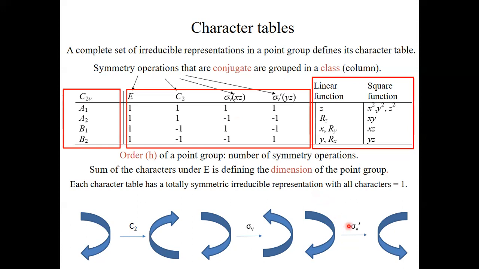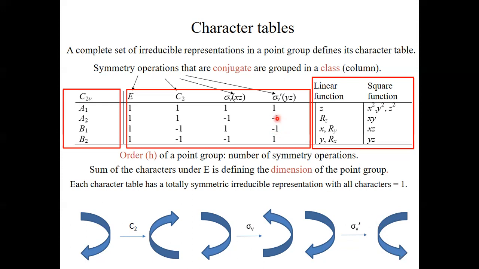The same is true for the sigma v prime symmetry operation. In this case, we are mirroring at a plane that stands here in this position. That again changes the direction of the vector, and therefore the character is -1.